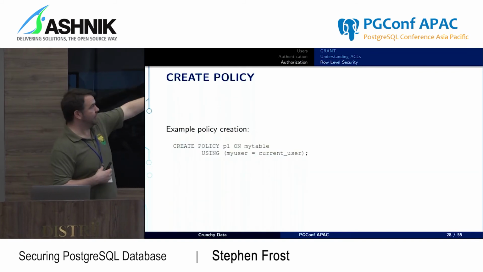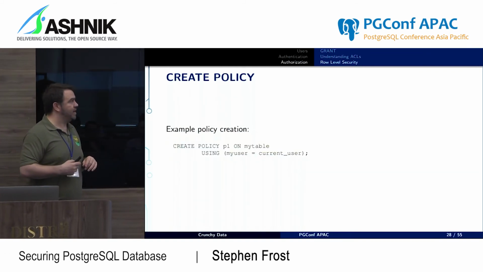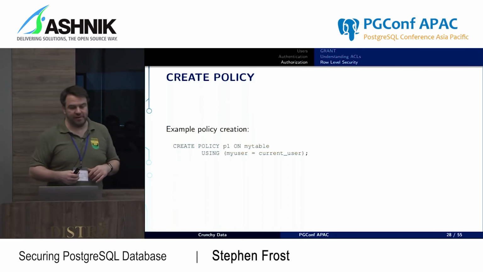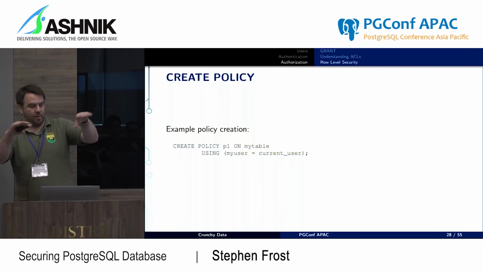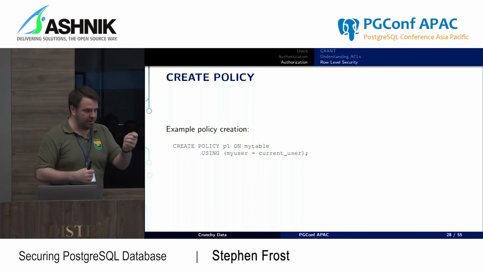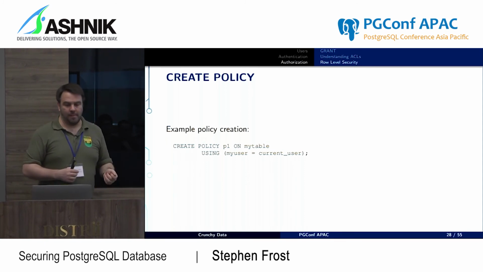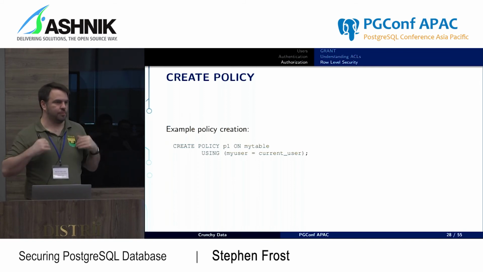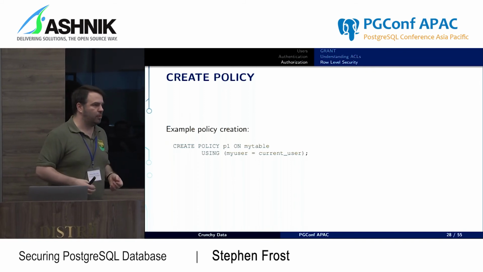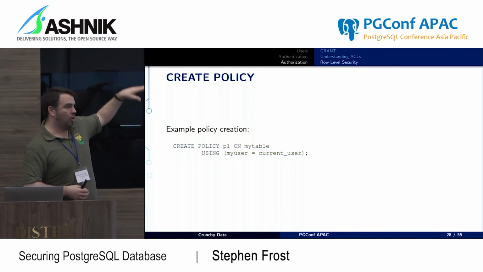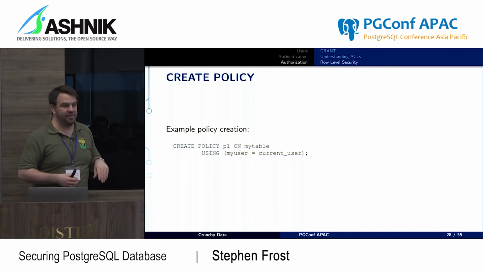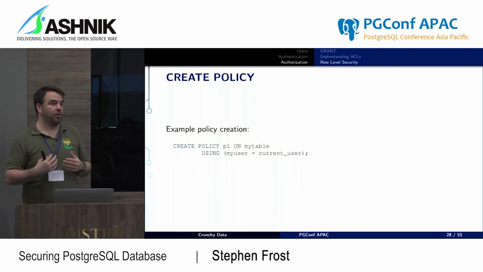So here's a really, really simple example of a policy being created, right? This is basically saying, okay, for this table, my table, I'm going to create this policy named P1, and it just says that the column my_user must equal current_user. So if I go and query this table as sfrost, only rows where my_user is set to sfrost will be returned.